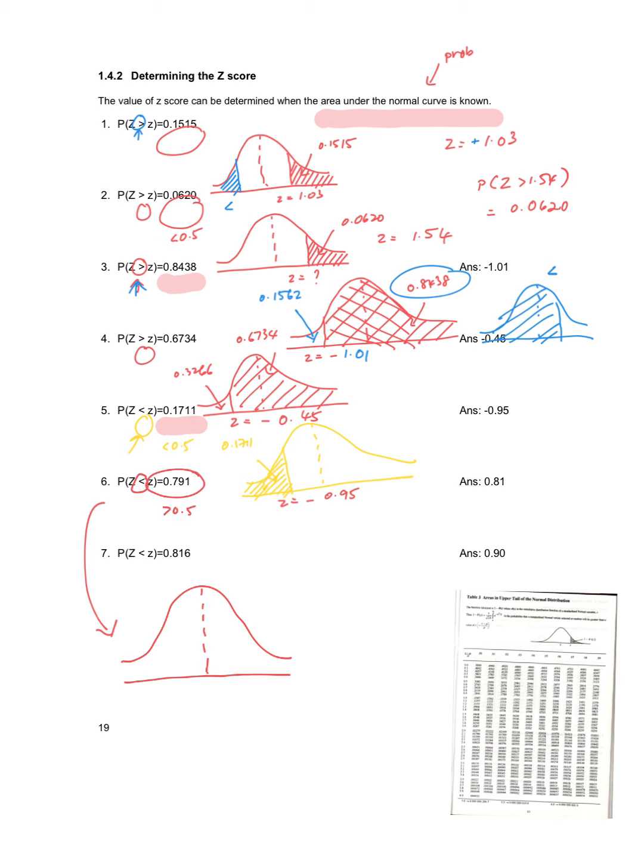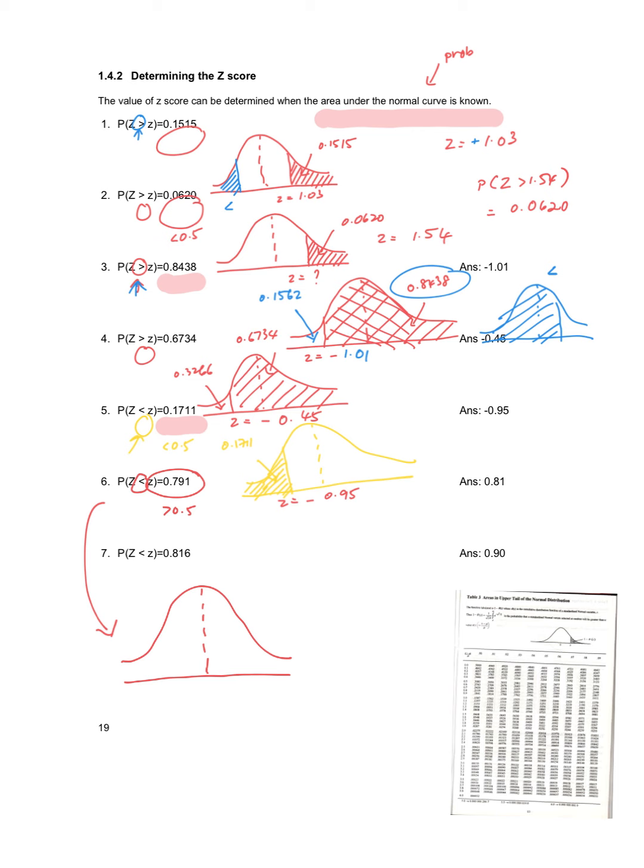So meaning that dia akan ambil both side. Tapi dari mana? Sign dia kurang, so kalau kita nak ambil dari sebelah kiri kat sini, tak logik. So this area does not represent 0.791.